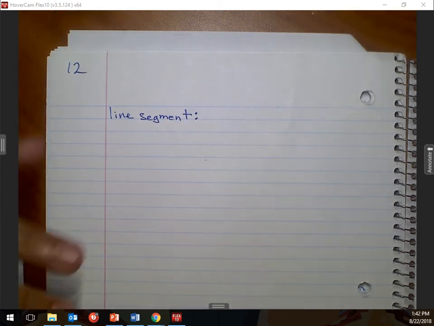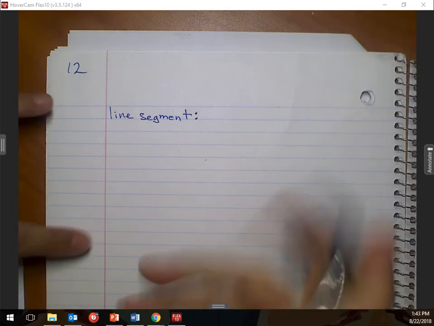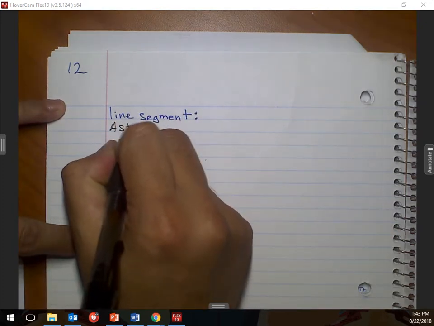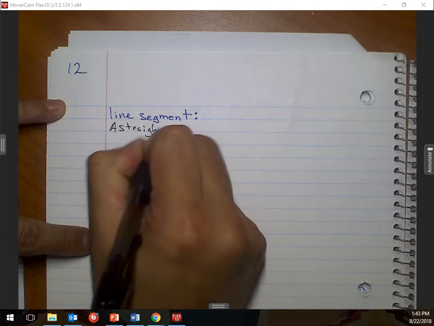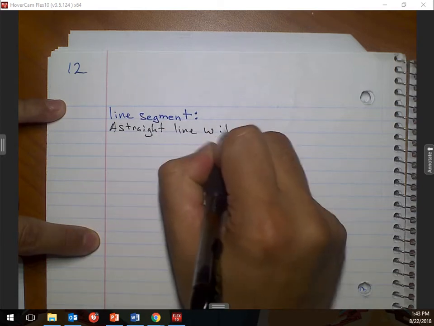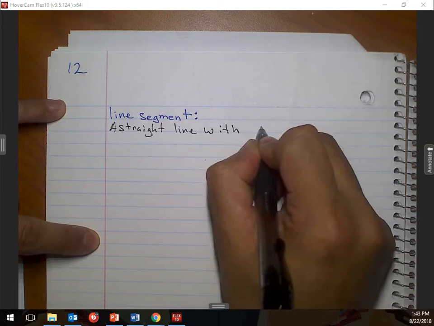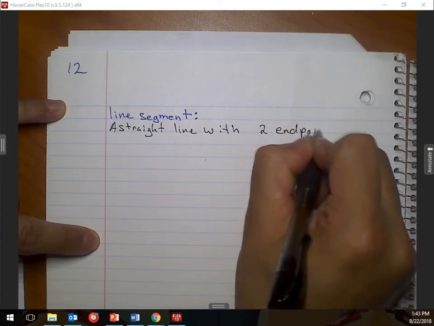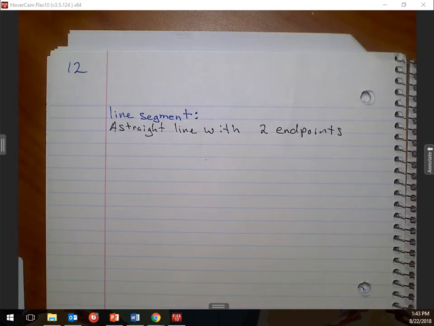So, line segment, my definition, it's a straight line with two endpoints. Straight line with two endpoints.